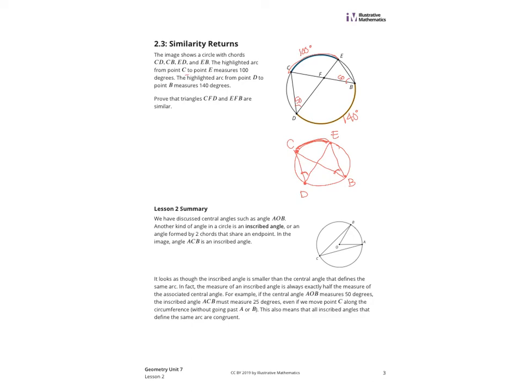So now let me get a different color and let's take a look at C. So angle C, if I follow the sides of the angle, it intercepts my yellow arc, which is 140 degrees. So this is 70 degrees, half of 140. For the same reason, E is also 70 degrees.